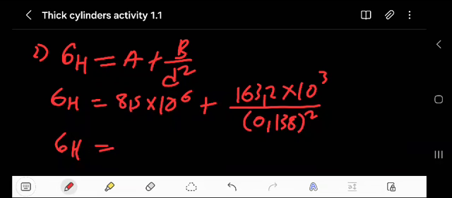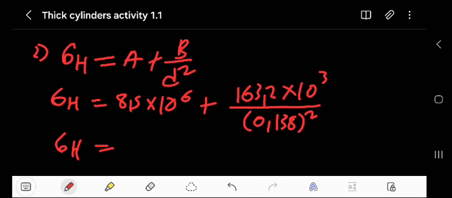Then 8.5 times 10 to the power of 6 plus 163.2 times 10 to the power of 3 divided by 0.138 squared.